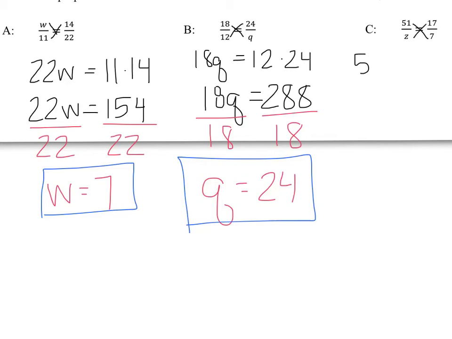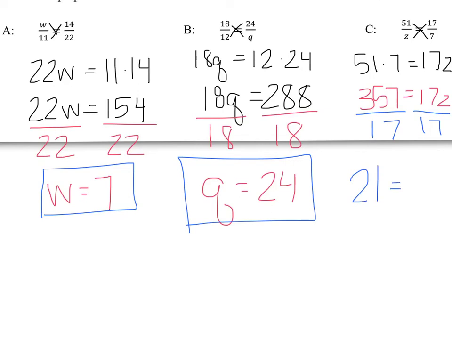We have 51 times 7 equals Z times 17, so we have 17Z. 51 times 7 equals 357. And then we still have 17Z over here. Divide both sides by 17 to get Z by itself. So we end up with 21 equals Z. And that would be our final answer for that one.